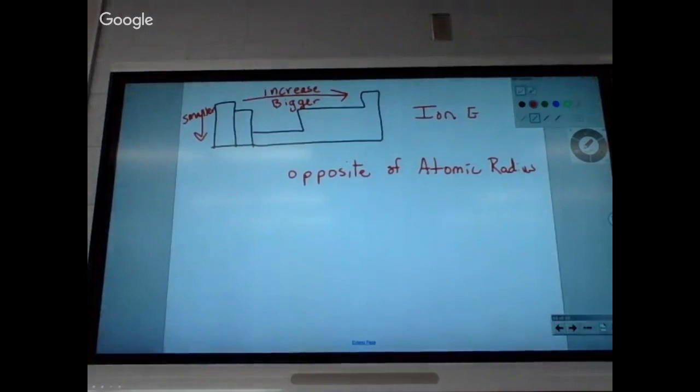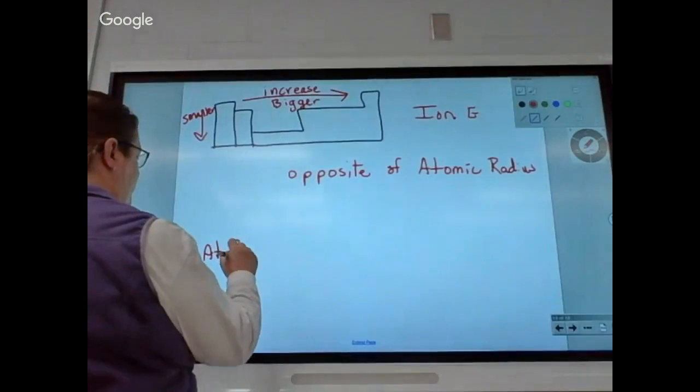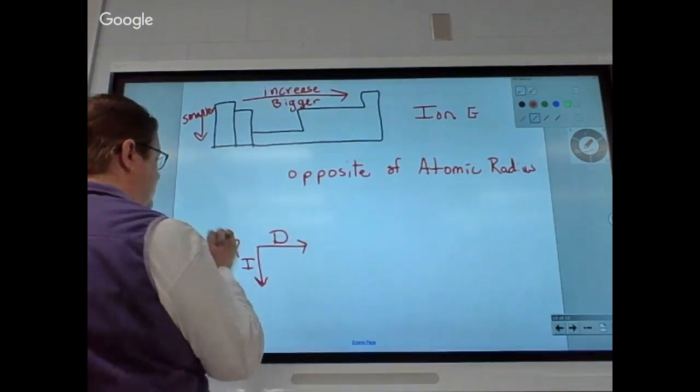Now, I'll be honest with you. I don't keep ionization energy in my head. I don't know that one. I only keep atomic radius in my head. The one I know. I know it frontwards and backwards. And in my head, I know it's the opposite of atomic radius. So when I do my test, I write atomic radius, decrease, increase.